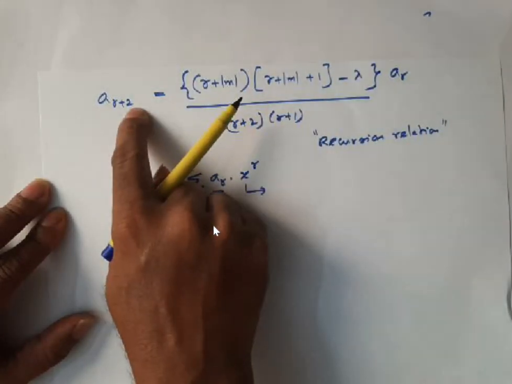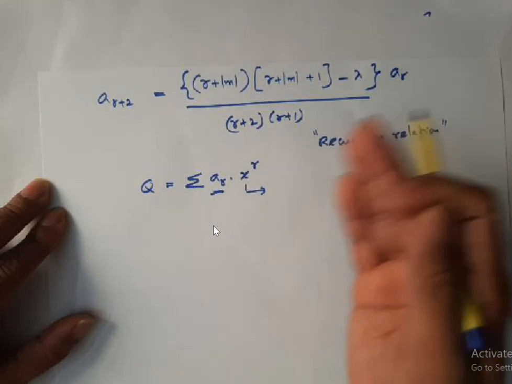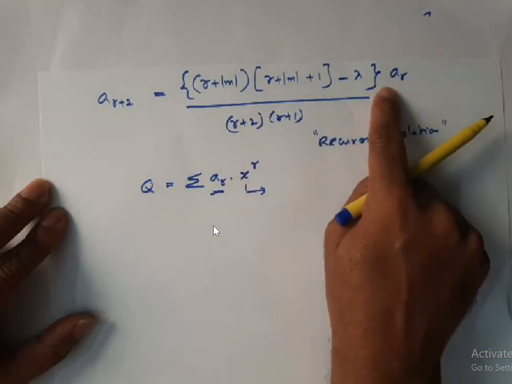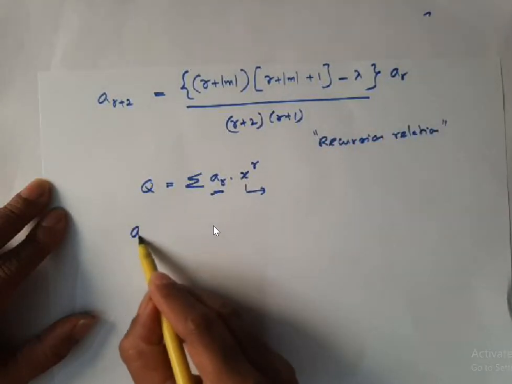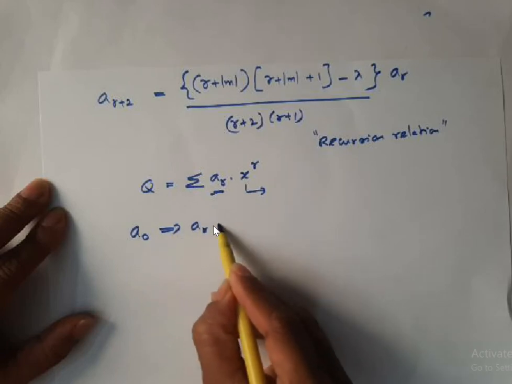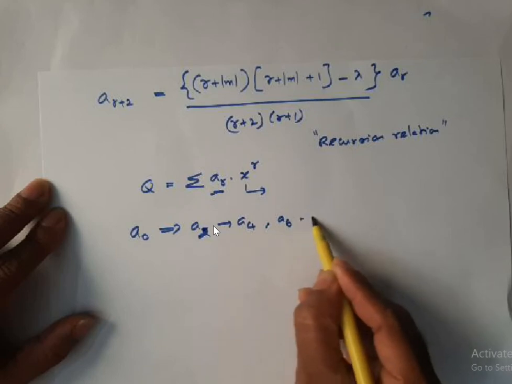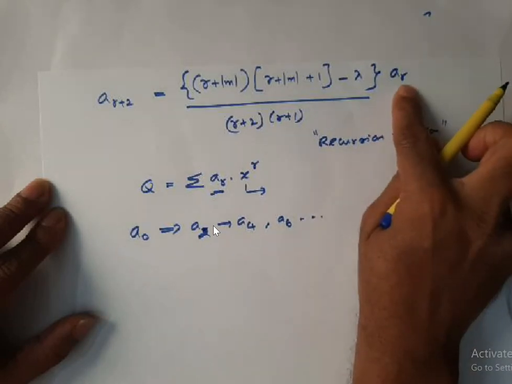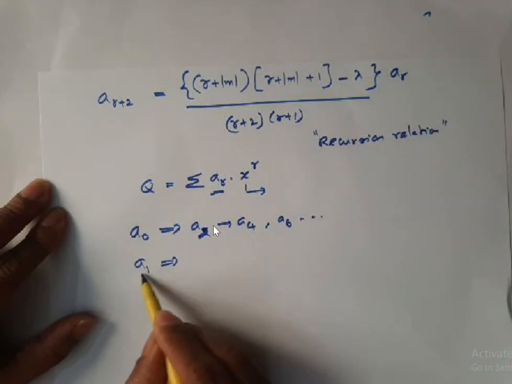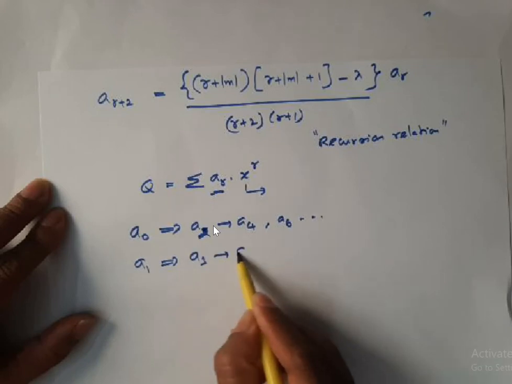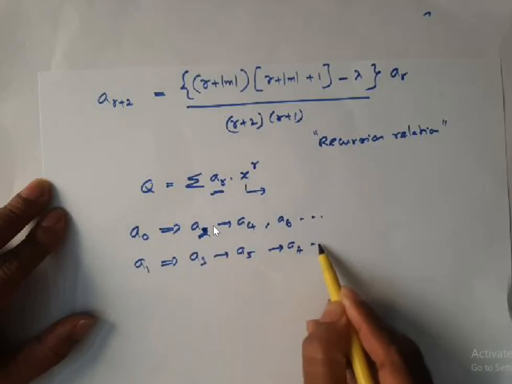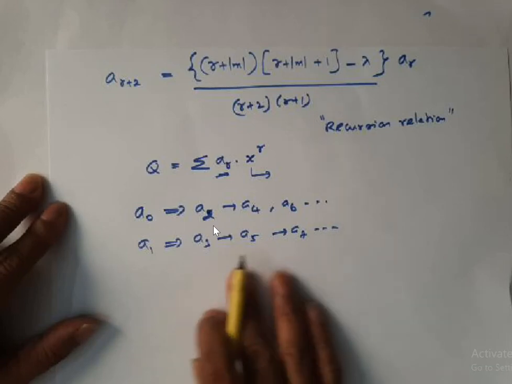If I get a4, I'll get a6. So all the even coefficients can be obtained by knowing the value of a0. Similarly, if I put r equal to 1 and know the coefficient a1, I can find a3, a5, a7, etc.